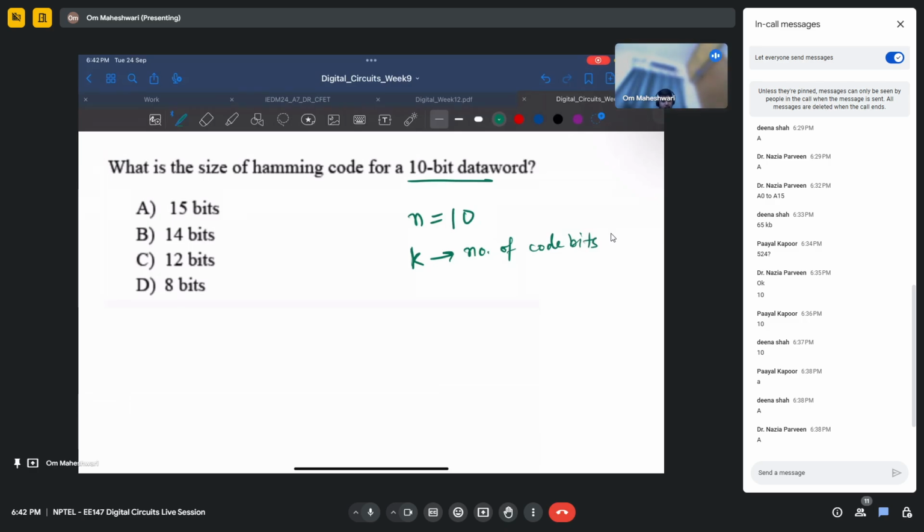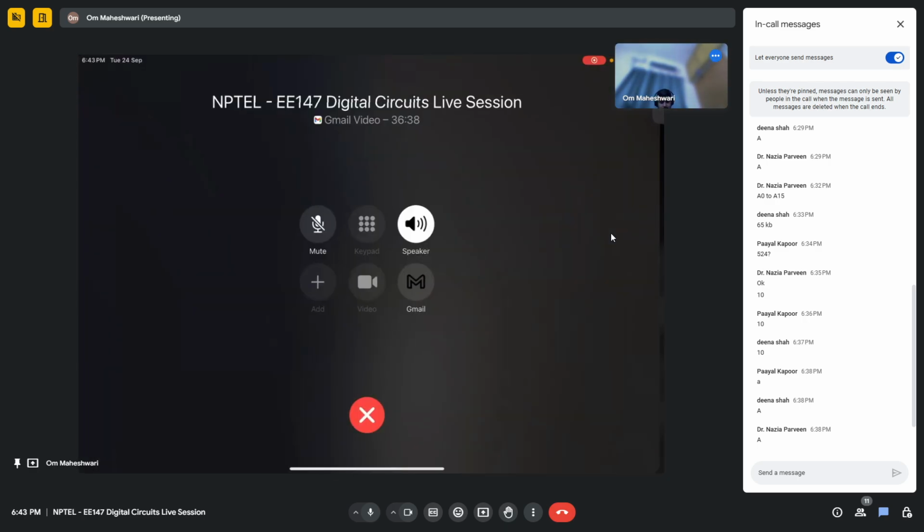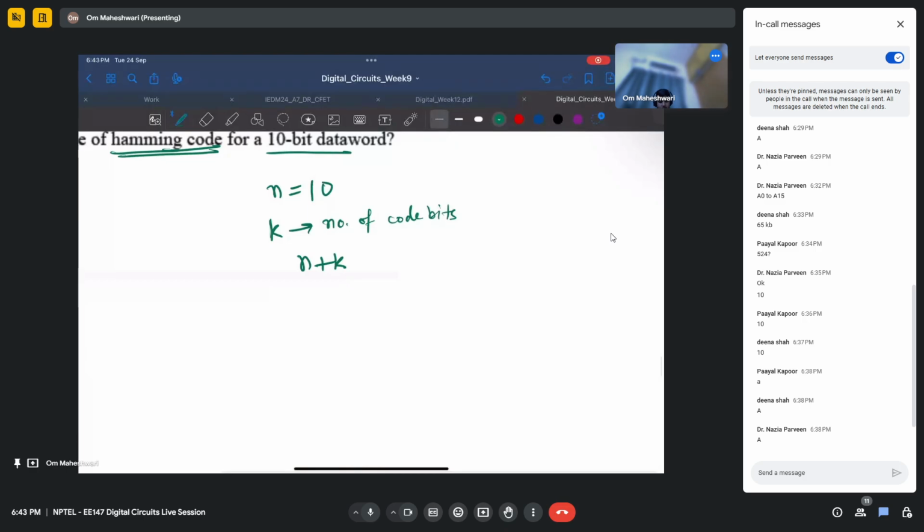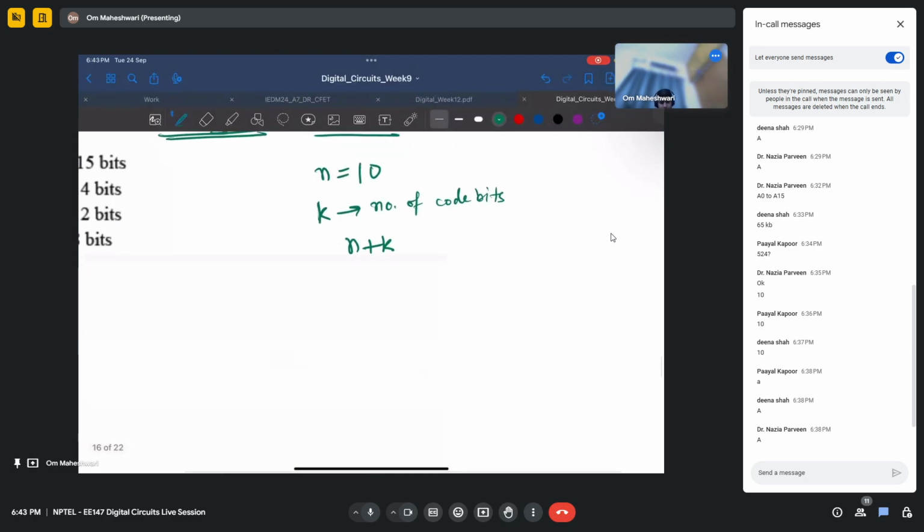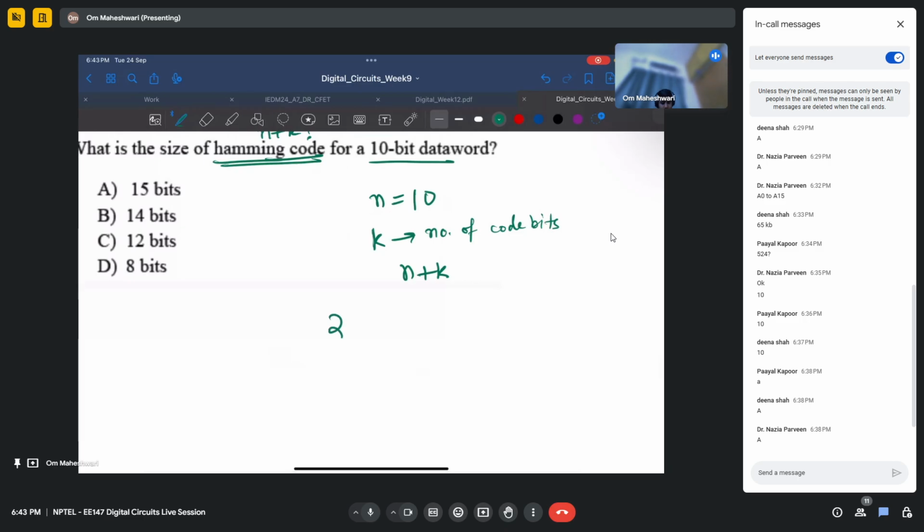So total size is n plus k, which is what is being asked in the question. What is n plus k, right? And the condition the Hamming code must satisfy is 2 to the power k minus 1 would be greater than or equal to n plus k.